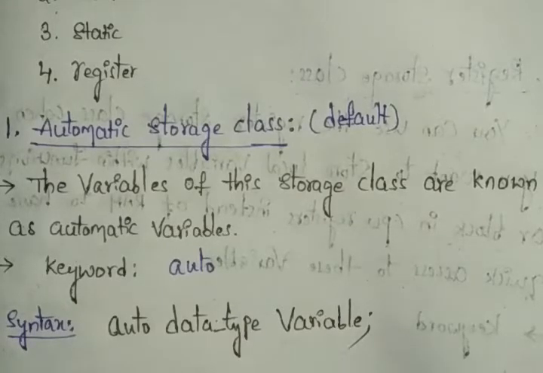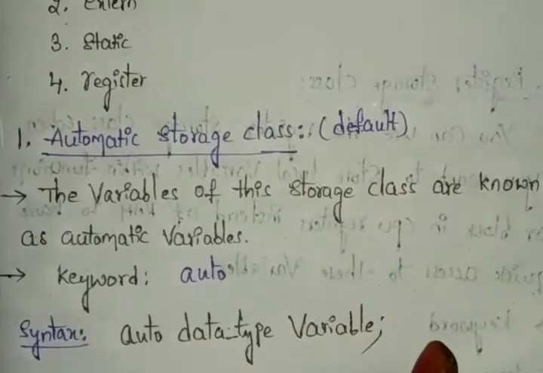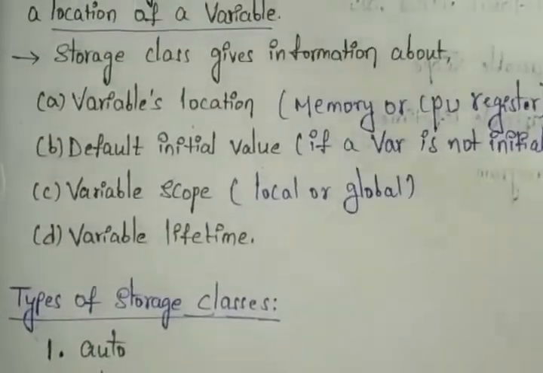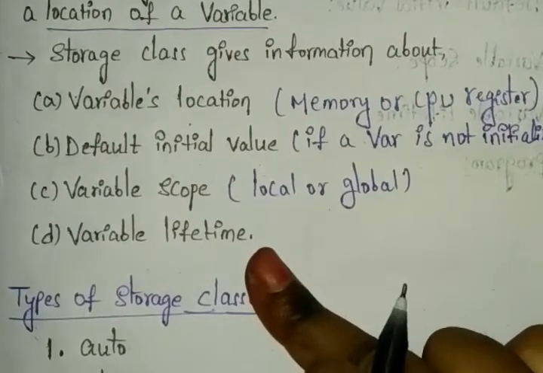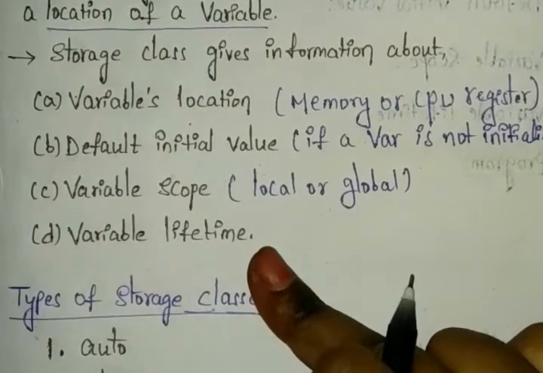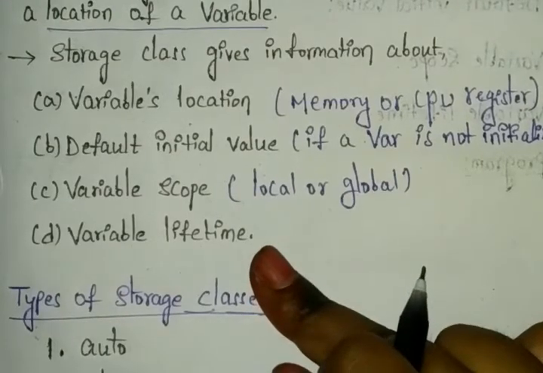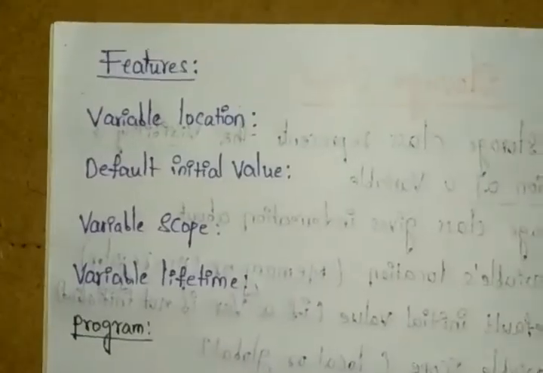Okay, so next we have some features to define this one. The features are the variable location, the default initial value, scope and the lifetime, right? So how does the automatic storage class handle this information? Let's see with the features. These are our features.